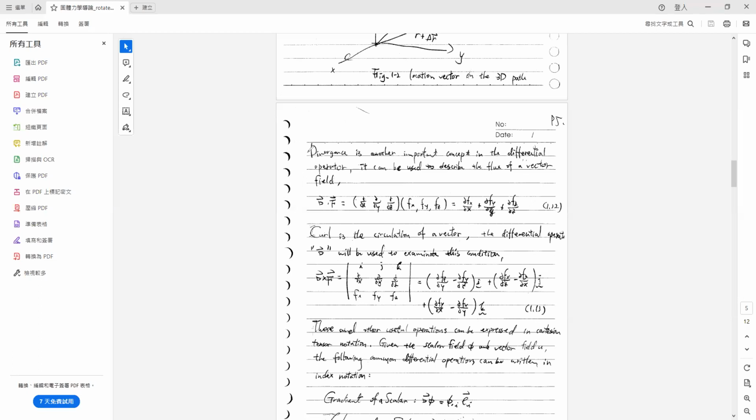So there is another important concept in engineering mathematics: divergence and curl.